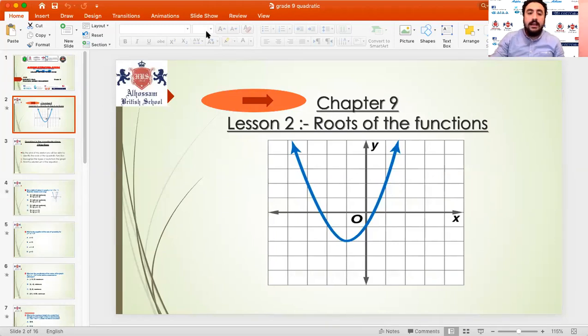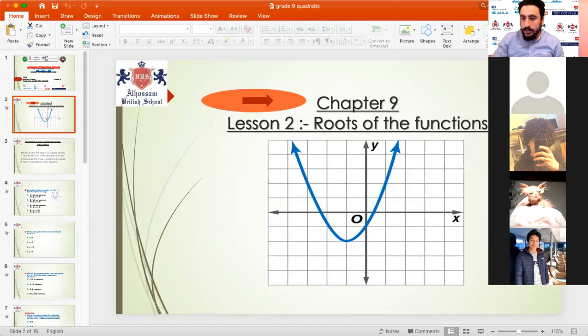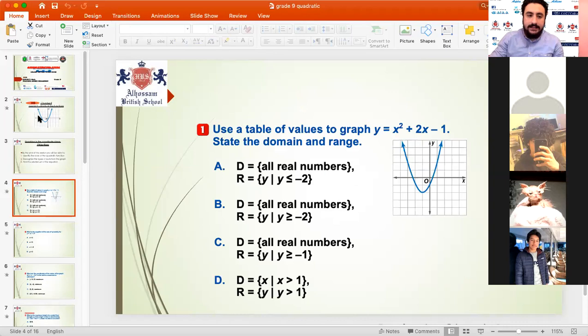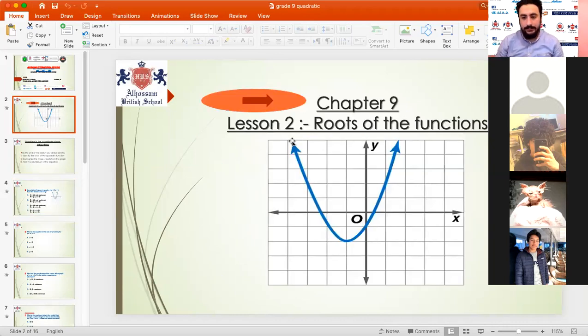Let me ask some of you, for example, Krollus: when I talk about a quadratic function, is x raised to the power 1 or to the power 2? 1?